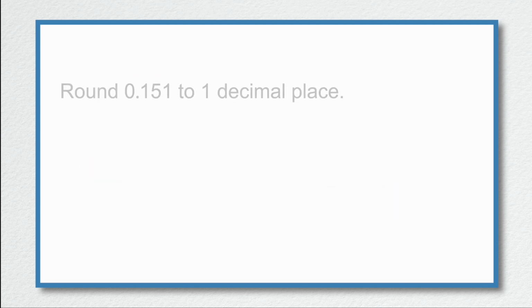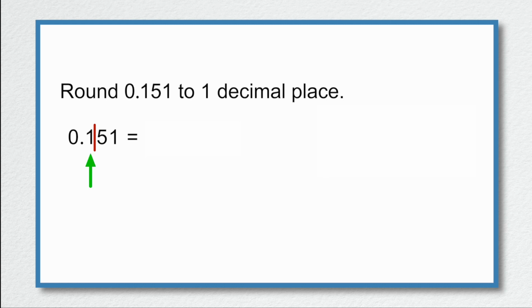Similarly, if we were asked, well, what is 0.151 to one decimal place? Well, if we write down 0.151, well, there's the cutoff point. So we look at the 1/10 and say, right, well, do we round down? That is, does this 1/10 stay as 1/10? Or do we round this 1/10 up to 2/10?